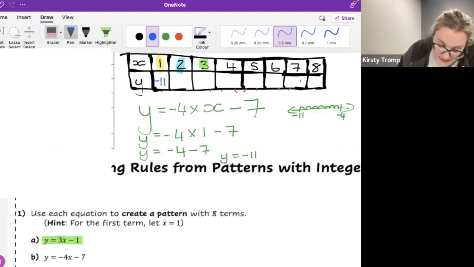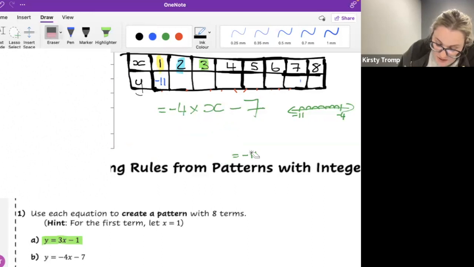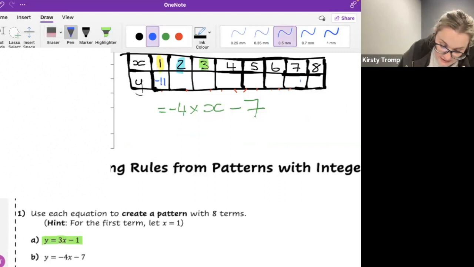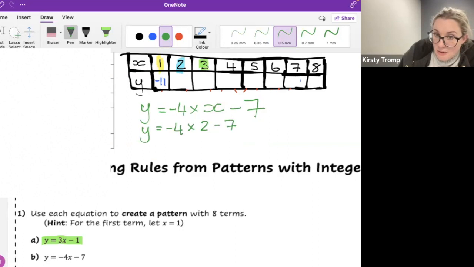For my next sum now, I'm going to do the exact same thing. But now y is going to be equal to negative 4 times by 2 minus 7. So y is equal to negative 4 times by 2 gives me negative 8 minus 7.